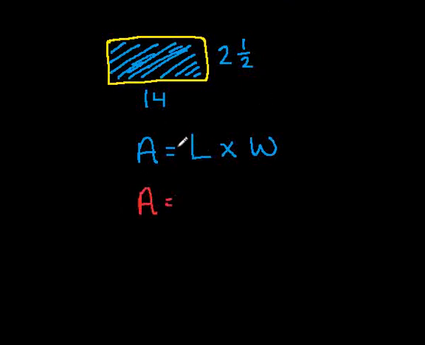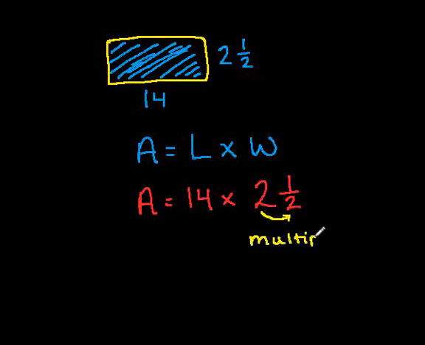Area is the length, which is 14, times the width, which is 2 and 1/2. Notice I have a mixed number here, so I'm going to change that into an improper fraction by taking the whole number and multiplying it by the current denominator.